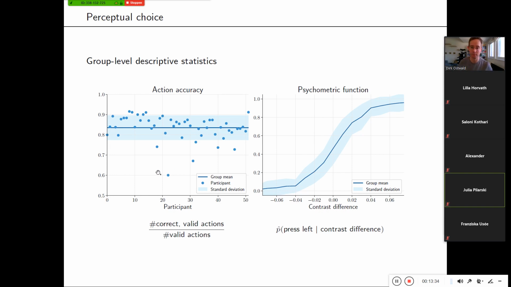And the behavioral pattern that we are mainly interested in here is, first of all, this level of accuracy and this psychometric function. Yeah? So these are the behavioral patterns that we're trying to capture with our models.